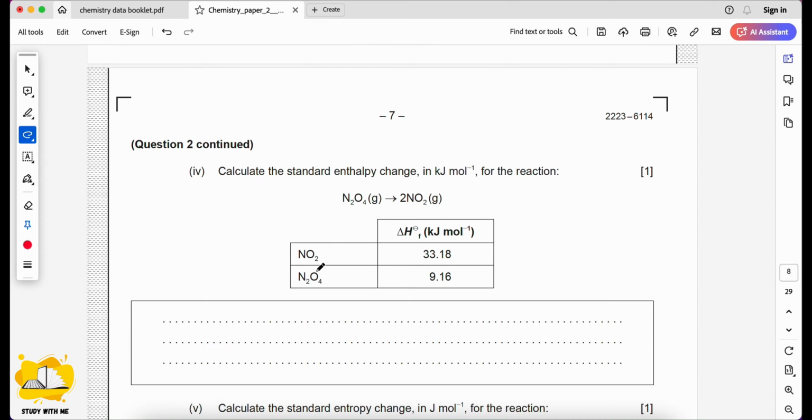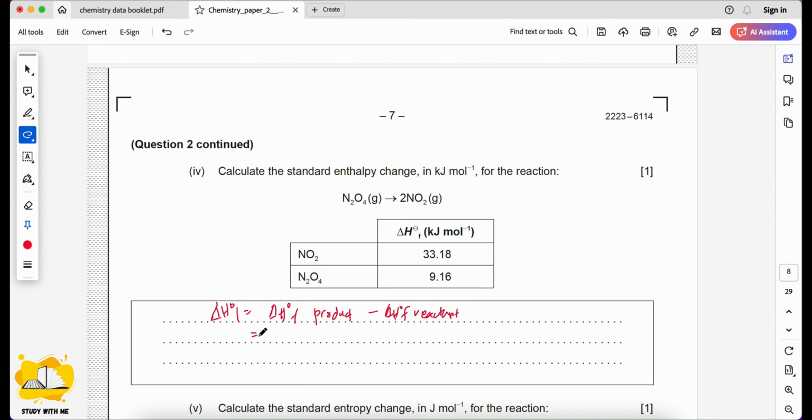Calculate the standard enthalpy change in kilojoule per mole for the reaction N2O4 producing 2NO2. Okay, to calculate the enthalpy change, it will be delta Hf of products minus reactants.